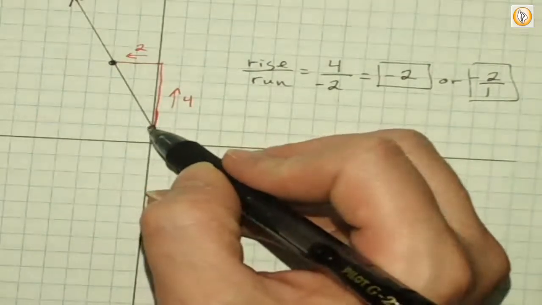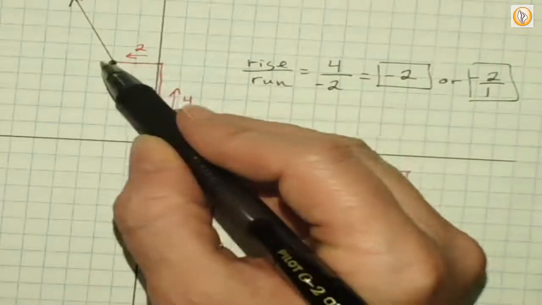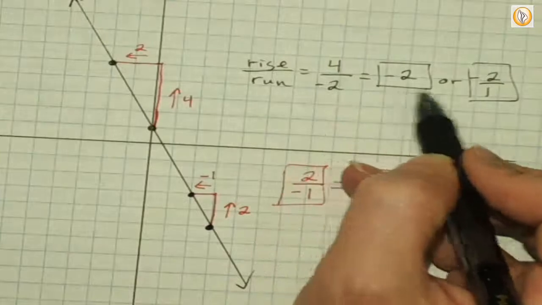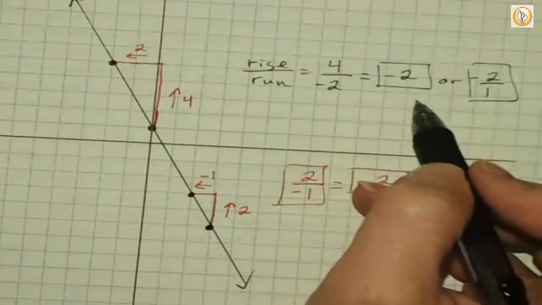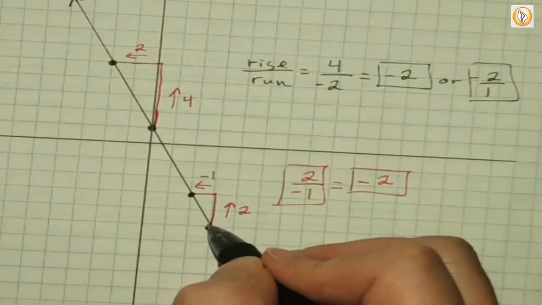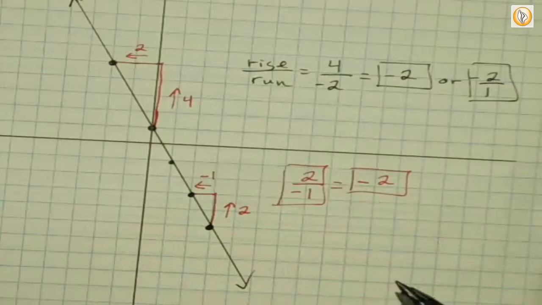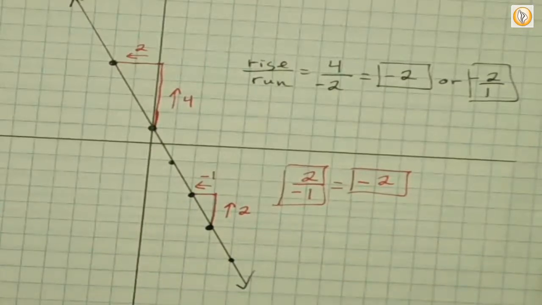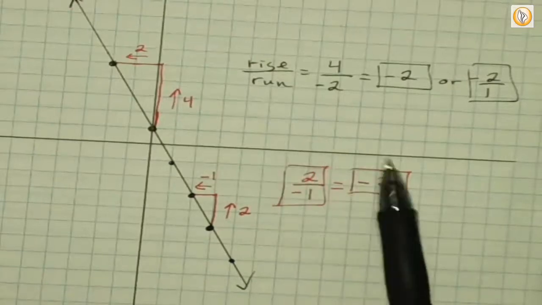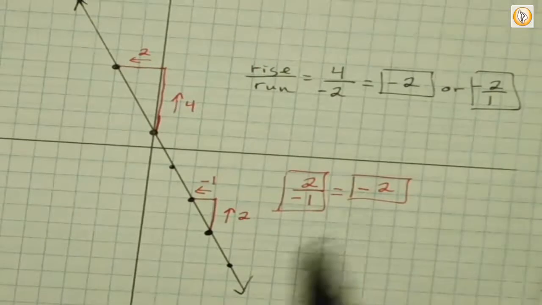So we could have chosen this dot and this dot, which would have given us 4 over negative 2. If you reduce it, you get this. Or we could have chosen 2 closer dots. Here's a dot here, here's a dot here. You could choose any 2 dots on the line. As long as you do it correctly and then reduce it, you will always get the same answer.